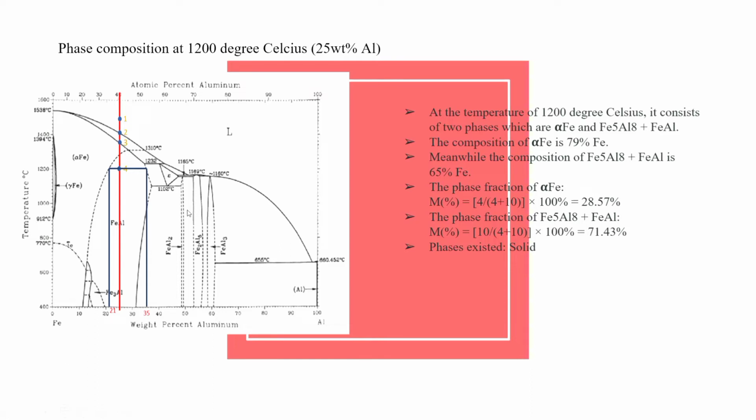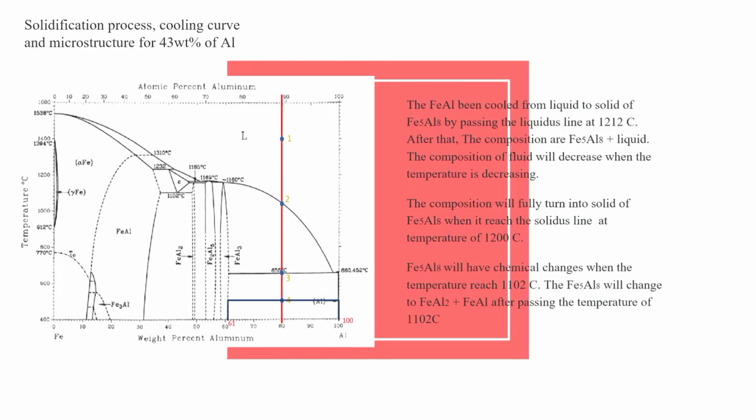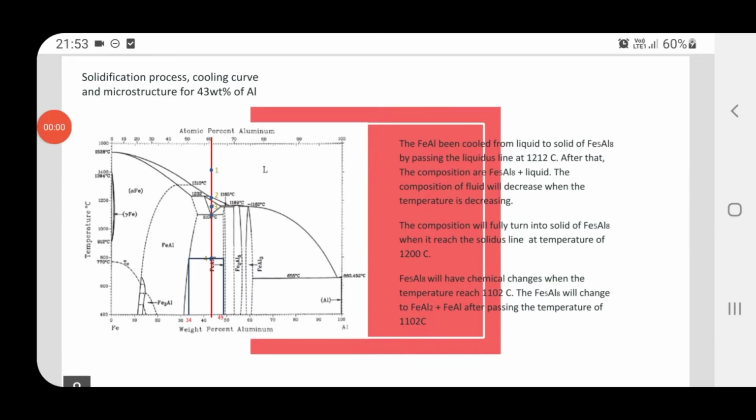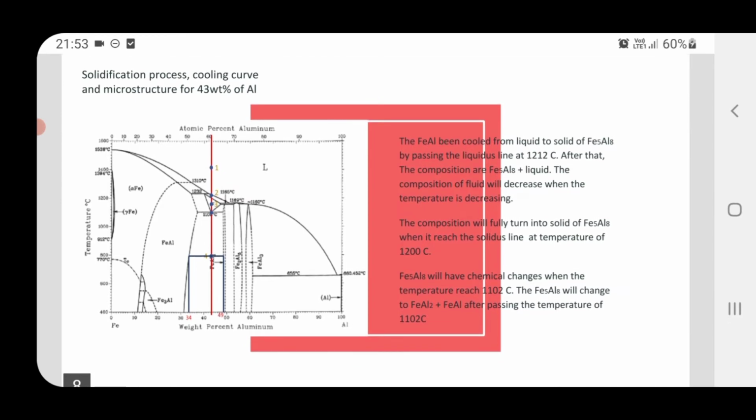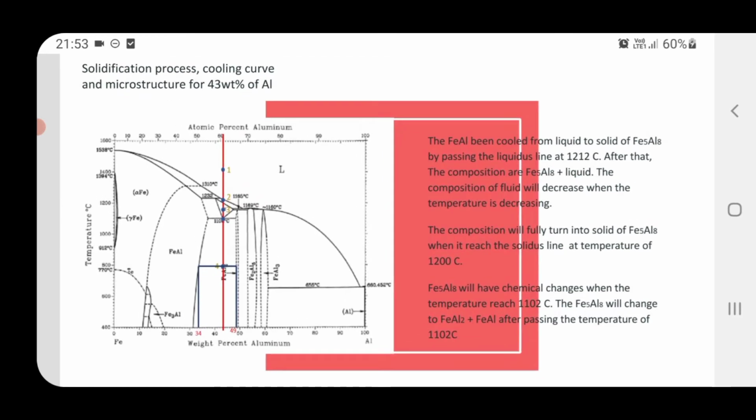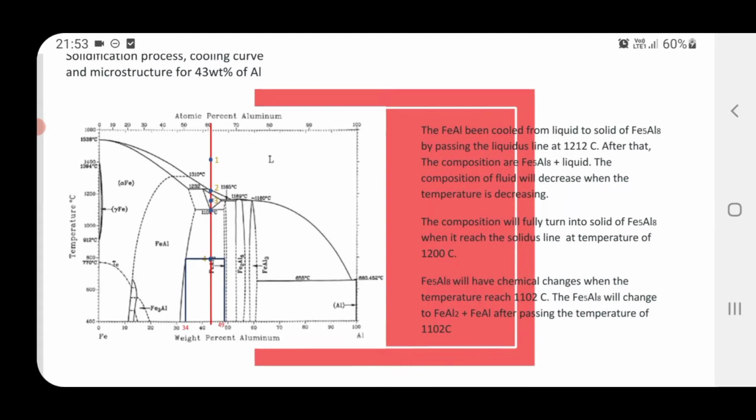So we will continue to the solidification process for 43 weight percentage of aluminium. As you can see, for the 43% alloy, we can see the tie line and the solidus process. The 43% is at point 1.